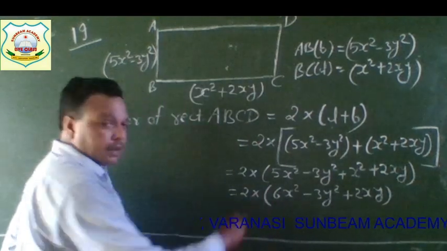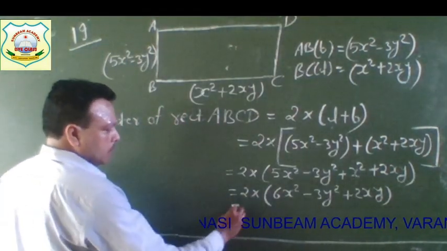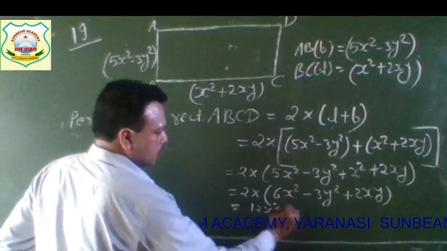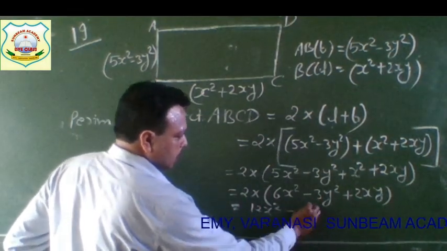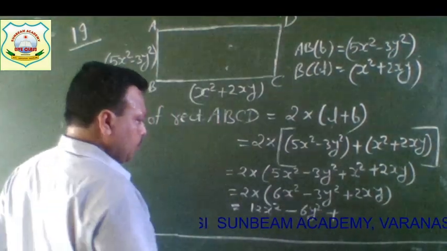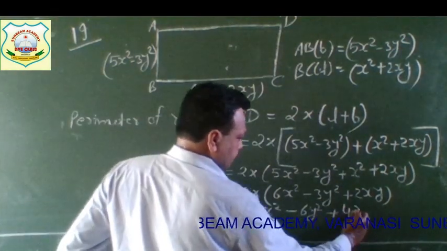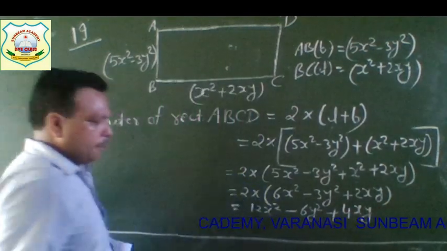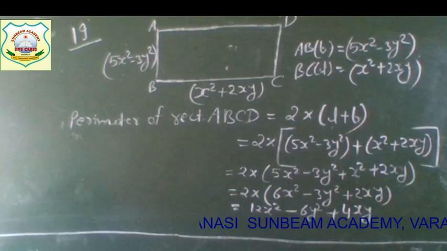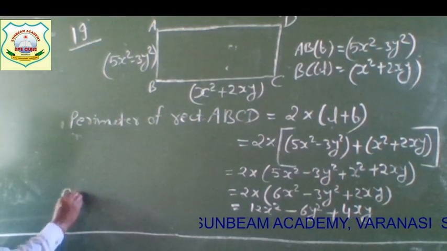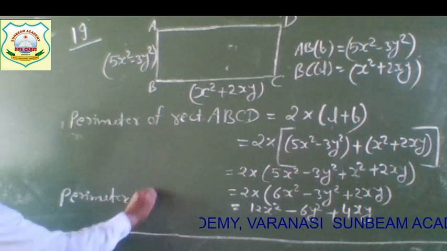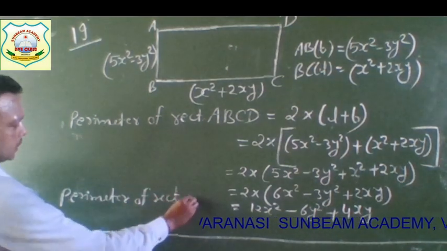Now multiply with the 2. 2 times 6 is 12x square, minus 2 into 3, that is 6y square, plus 2 times 2 is 4xy. It will be the perimeter of the rectangle ABCD.